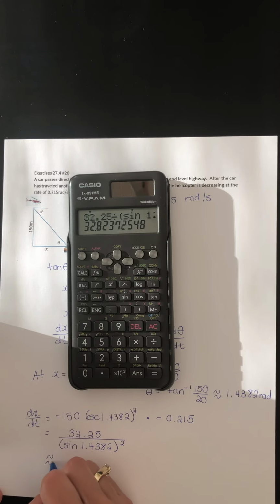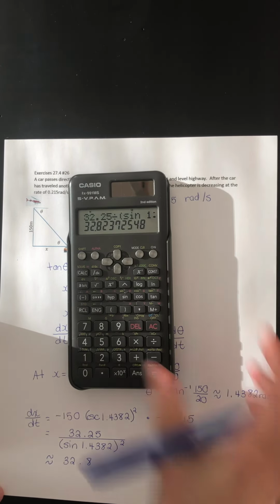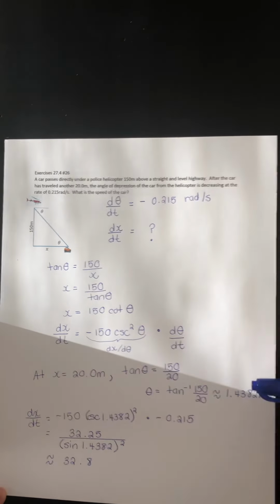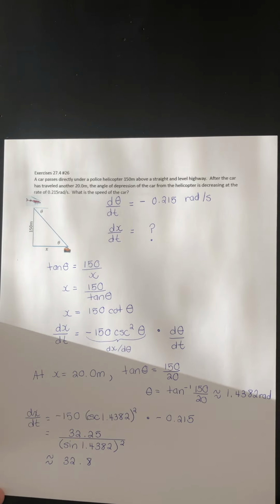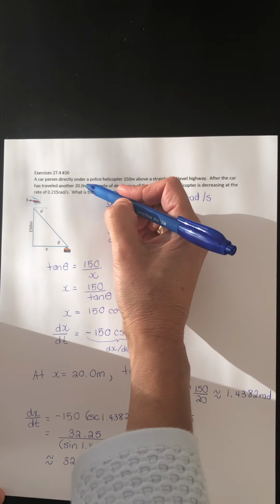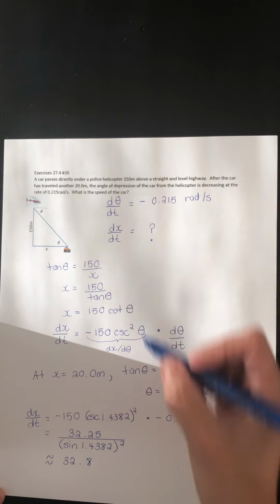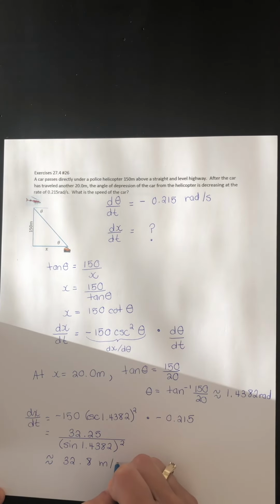It's roughly 32.8. And then we need an appropriate unit, and unit for x divided by a unit for t. So in this case, x is measured in meters, time is in seconds. So this is the speed of the car, 32.8 meters per second.